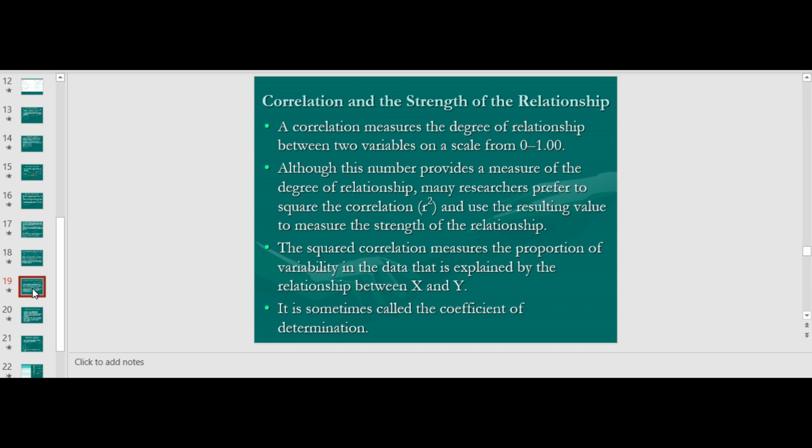The squared correlation measures the proportion of variability in the data that is explained by the relationship between x and y. It is sometimes also called the coefficient of determination.